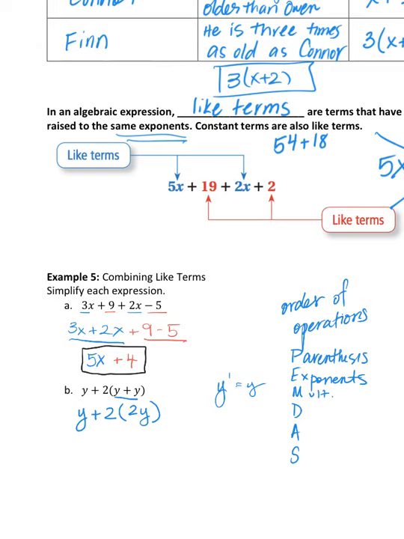So we have 2 times 2y. These aren't like terms, but we're multiplying. So we just need to multiply 2 times the coefficient of 2 to give us 4y, but I still have this plus y out front. So y plus 4y, are they like terms? Well, they're both the same variable to the same power, so we end up with 5y.